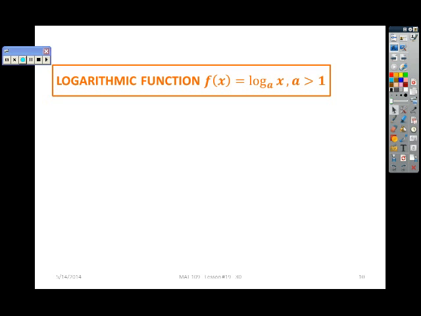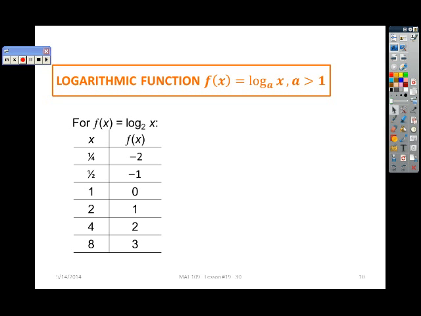As long as a is greater than 0, it works, but there are two different shapes to the function, depending on whether you're above 1 or between 0 and 1. So we're going to look first at the one where a is greater than 1. If you just pick your base to be 2, just to have some numbers to calculate with, because it does make a difference which ones you're looking at, you'd get a table like that, and if you plotted it, you'd get a curve that looks like this.